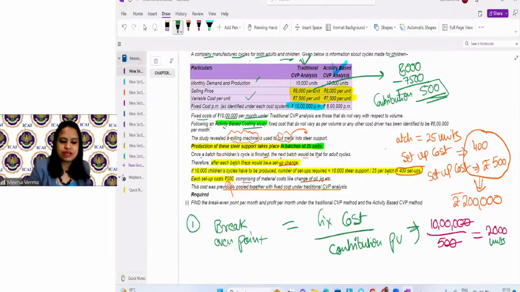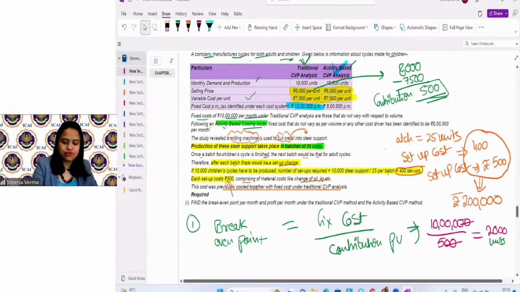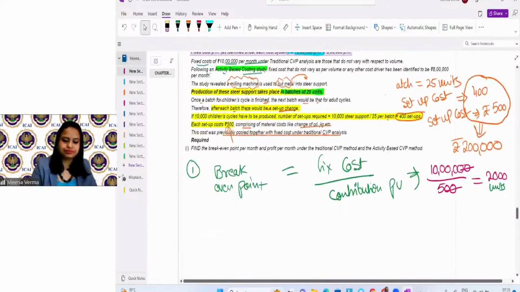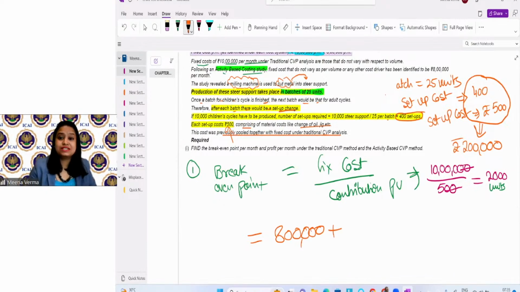In case of activity-based costing, what will be the break-even point? If you see in case of activity-based costing, what do we have? 8 lakh is the fixed cost. And we have the setup cost that will also be considered as fixed cost actually. Though we will allocate it separately using activity-based costing, it is a fixed cost, right?